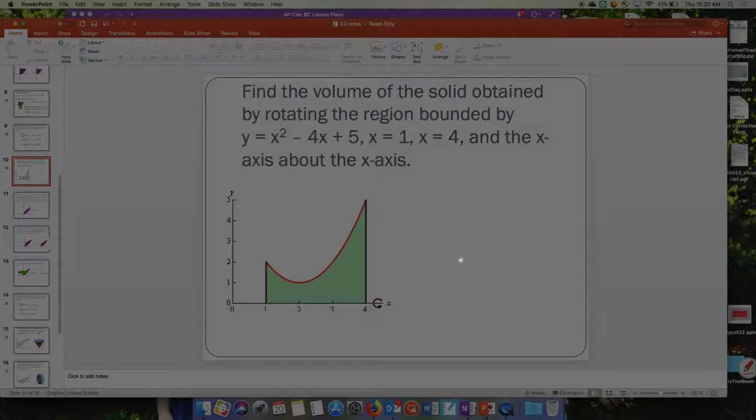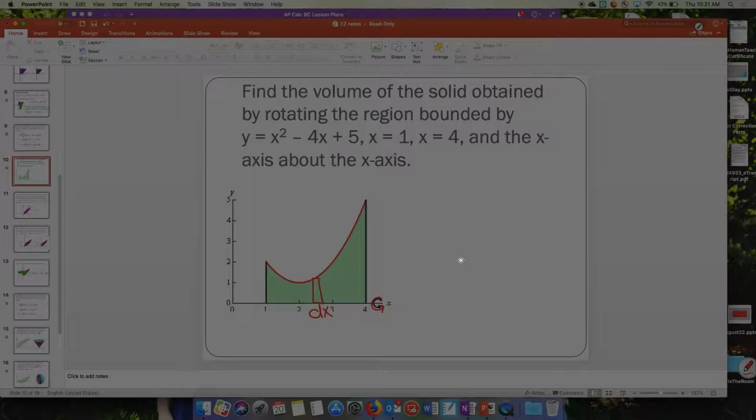Expectations. You will draw a rectangle and label it with your thickness. Why do I want you to do that? I want you to visualize how this is going to be rotated. I also have this little rotation right here, and I want that to be there too.